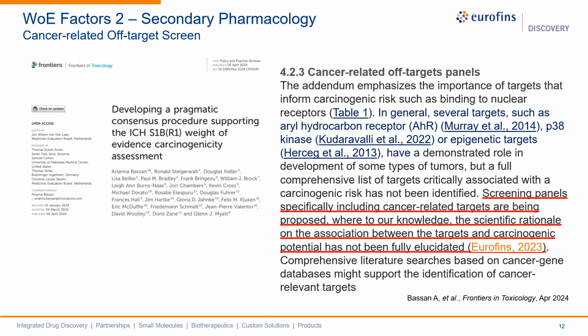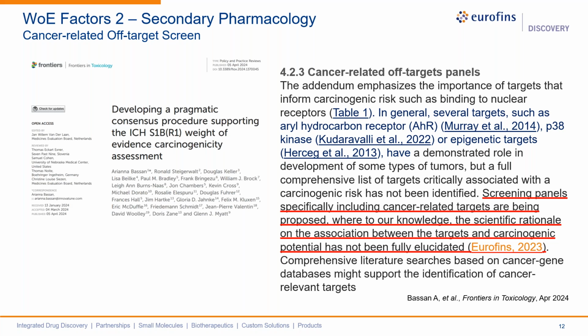Notably, our panel was cited in a 2022 Frontiers in Toxicology publication by Benson et al., which focused on standardized weight of evidence criteria. In the section discussing cancer-related off-target screening panels, it highlights Eurofins Discovery's latest contribution to carcinogenicity screening by providing a structured approach to evaluating cancer risk in drug development.